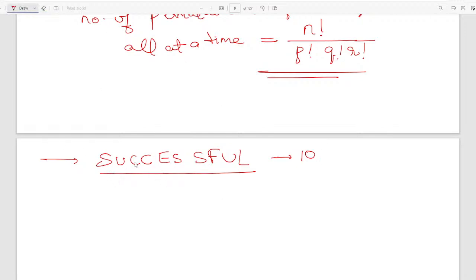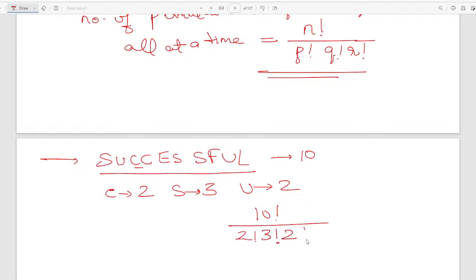C is there 2 times. And S is 3 times. And U is 2 times. Here, if you want to calculate the number of ways it can be arranged, it is 10 factorial divided by 2 factorial, 3 factorial, and 2 factorial.